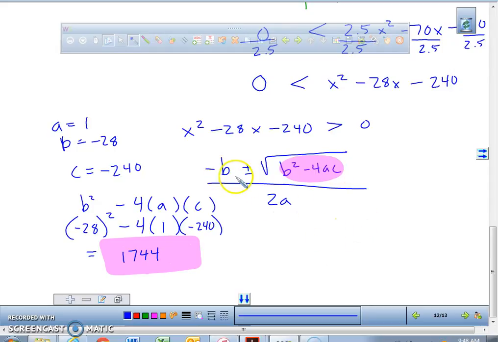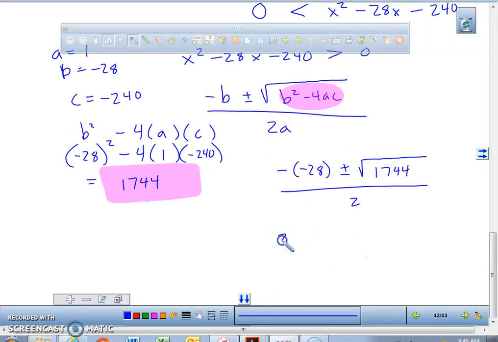Now, if I use the quadratic formula, that's negative times a negative 28 plus or minus the square root of 1744 all over 2 times a, and 2 times 1 is just a 2. So your answer is 28 plus or minus the square root of 1744 all over 2.